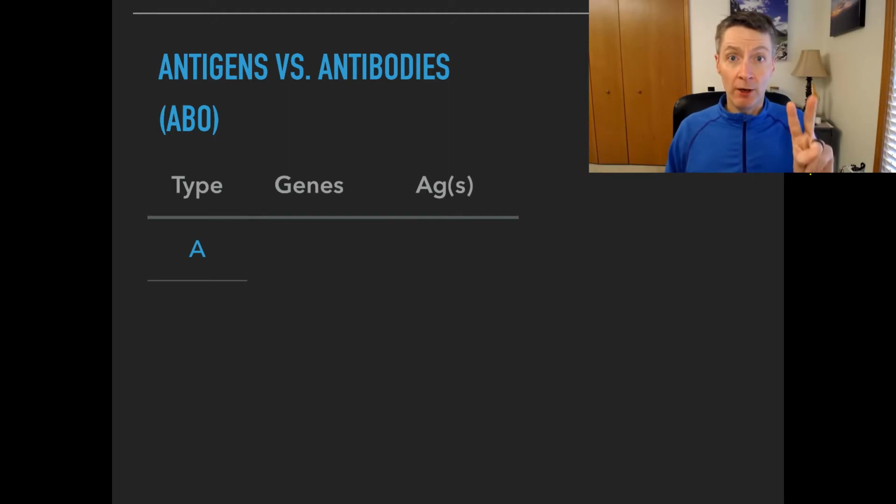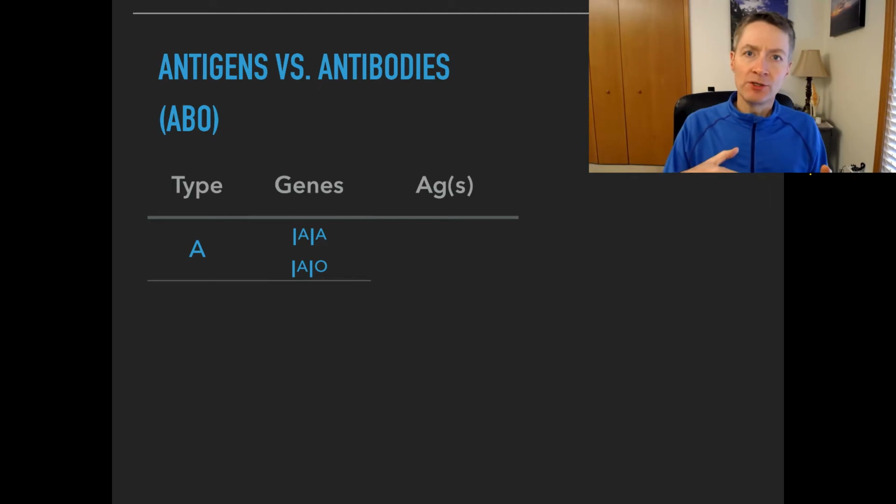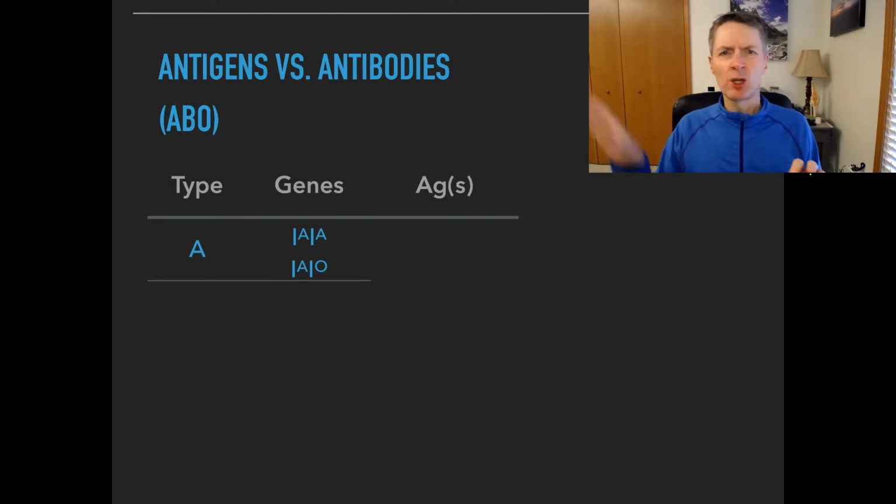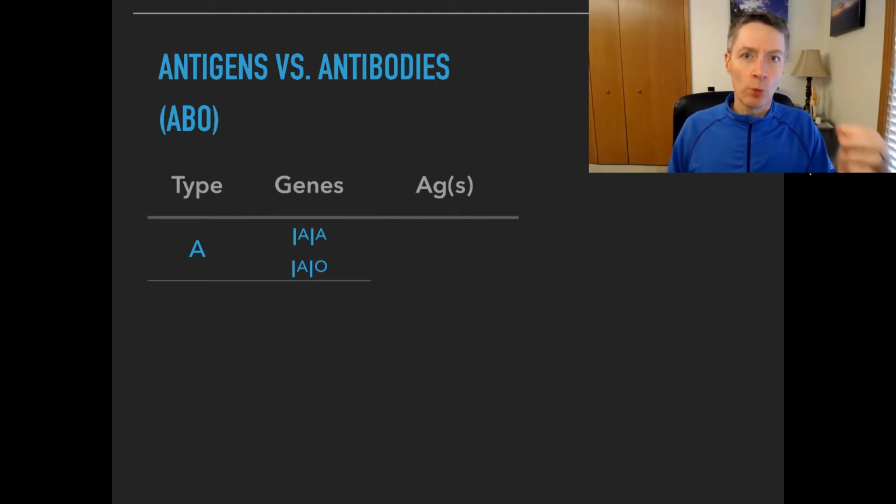You could have inherited two genes, of course, since we have two sets of chromosomes, one from your mother, one from your father. Or you could have just one gene, and the other gene is this recessive gene that doesn't code for anything, the O gene. So there are two ways to be type A, but you have to have at least one gene for A to be this way.